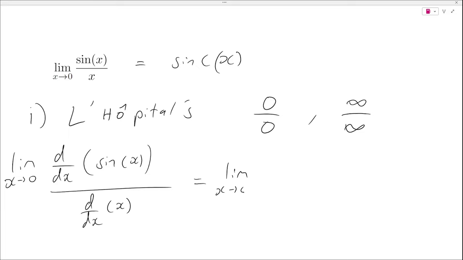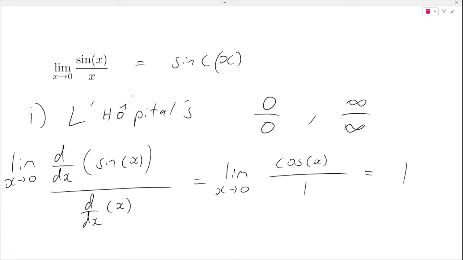We get limit as x approaches 0 of, well, the derivative of sine is cosine of x, and the derivative of x is simply 1. So now we have the limit as x approaches 0 of cos of x over 1. Let's sub that value of 0 in, and we'll end up with a 1. And so we end up with 1 over 1, and therefore we can say that this limit approaches 1.